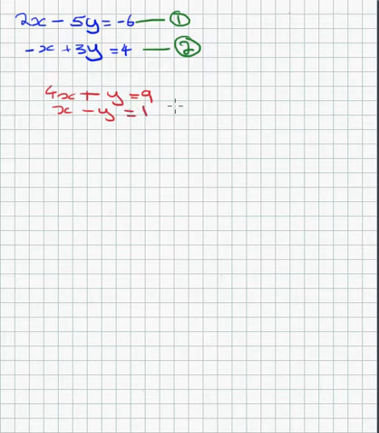Now, the reason why algebraic elimination worked by just adding, so this is our first equation, here's our second, was that adding them together gave us an equation only in x.